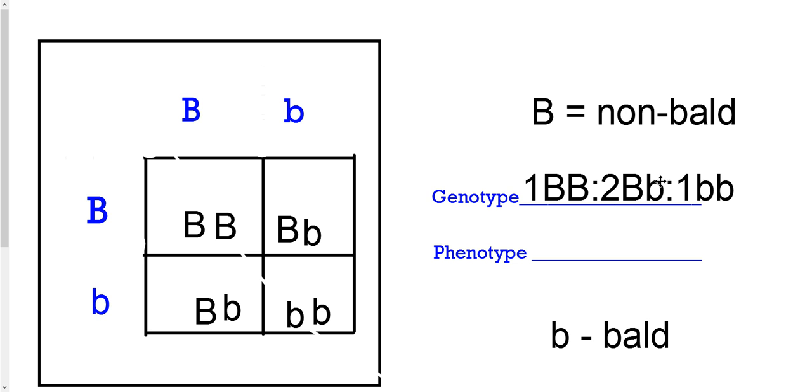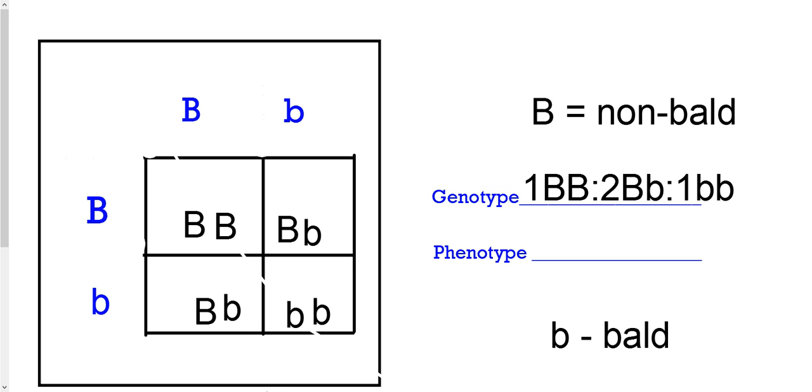So that's genotype. What about phenotype? What's the ratio for that? So first we'll go with the capital B, which is non-bald. Anytime there's a capital B in here, it's going to be non-bald. So take a second and see if you guys can figure out how many bald versus non-bald there are. All right, we're back. So let's see what you guys have.